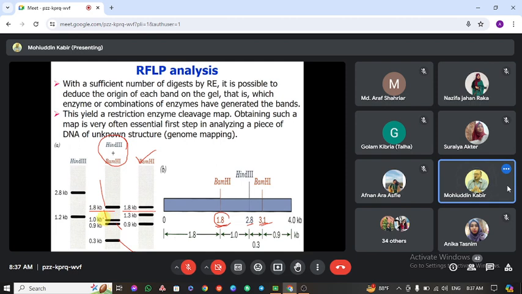If we add 1.8 and 1, it gives 2.8. So that corresponds to this one, 2.8. That means at the position of 2.8 kb, the HindIII site is present. So that is the confirmation of the HindIII position.